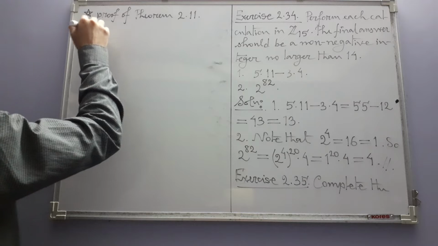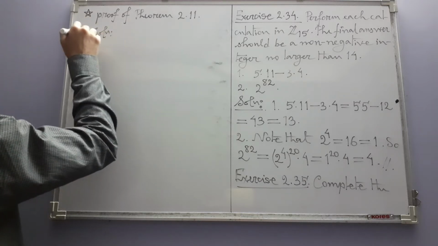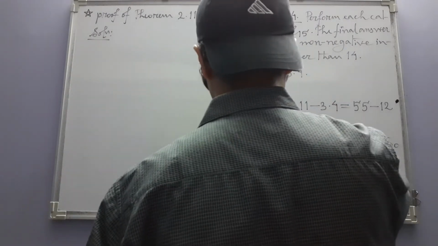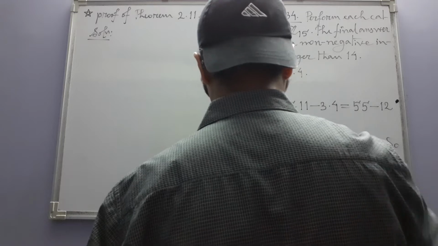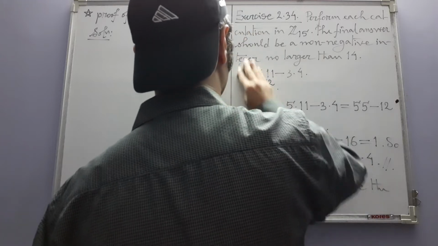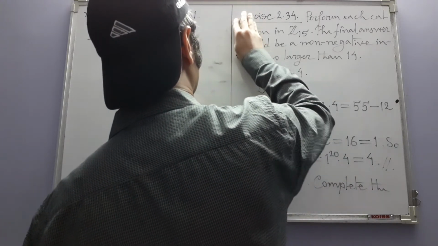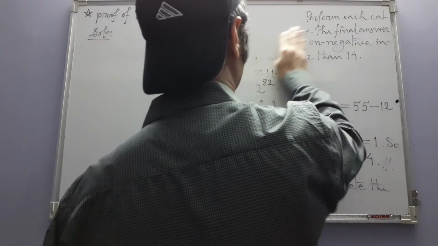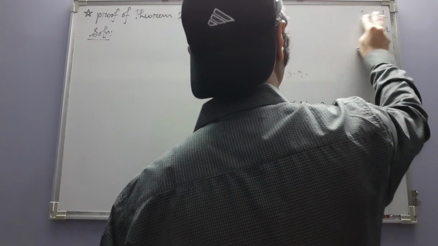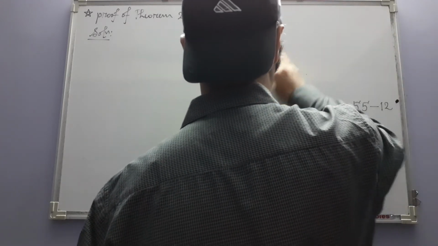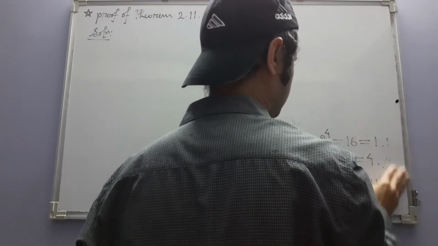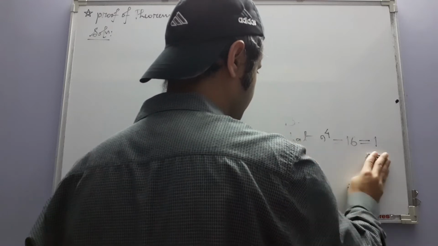Theorem 211. Let us recall Theorem 211. Let's recall the statement and then we will prove it. It's about addition modulo n, the various properties of that operation.